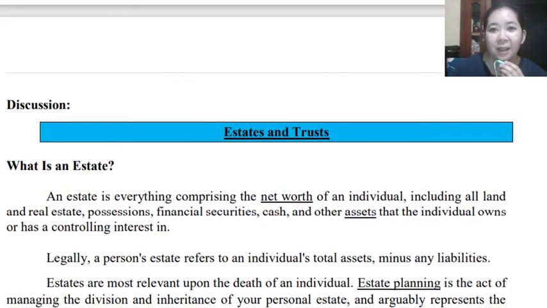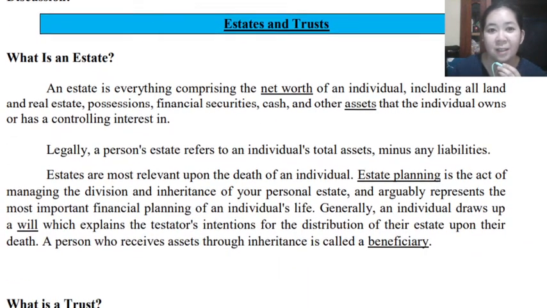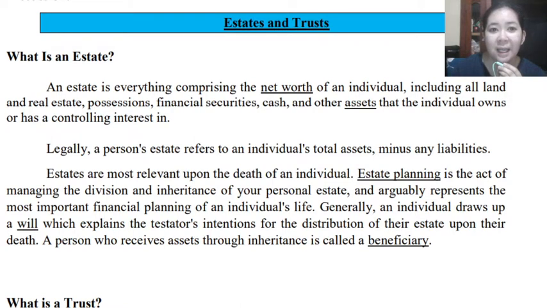So to begin with, let us start with the definition of our terms, estates and trusts. Basically, when we say estate, this is everything comprising the net worth of an individual.